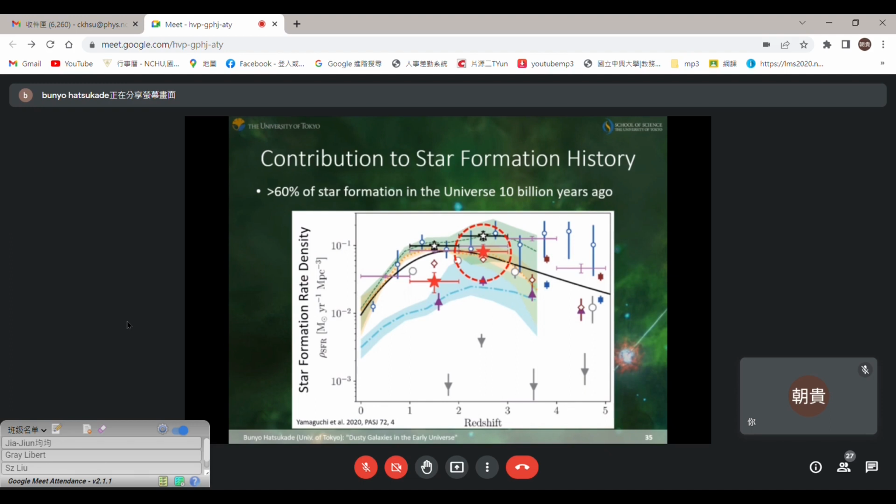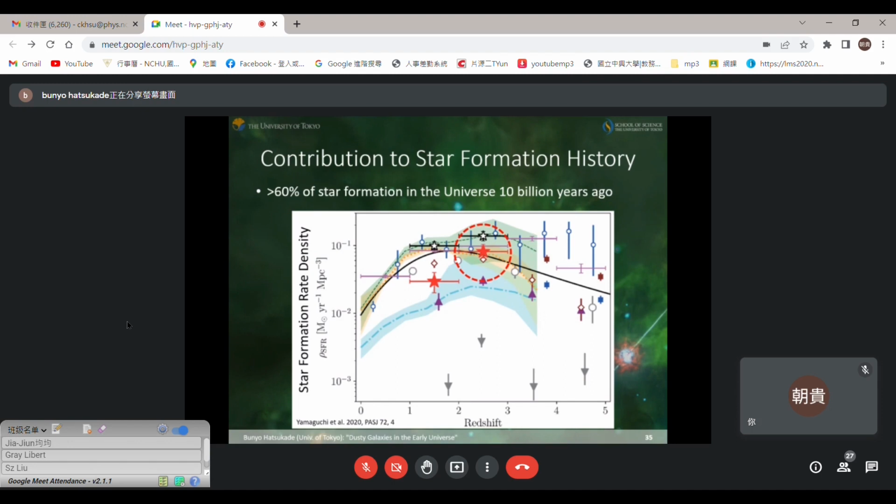This also reflects the decrease in the number density of SMGs compared to the total star formation activity in the universe. The black curve is the history from the review by Madau and Dickinson in 2014 or so. Also, the number density decreases, and another possibility is that we need spectroscopic or photometric redshift observations, and some of them are not detected in the optical or even in the infrared.